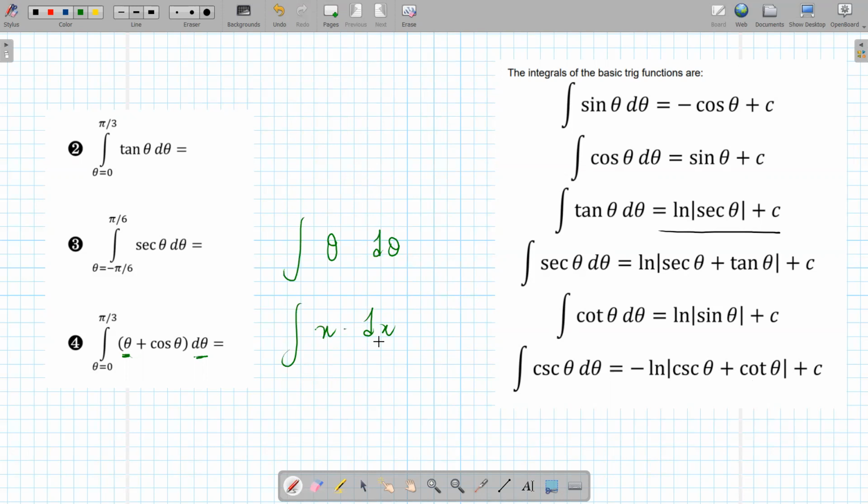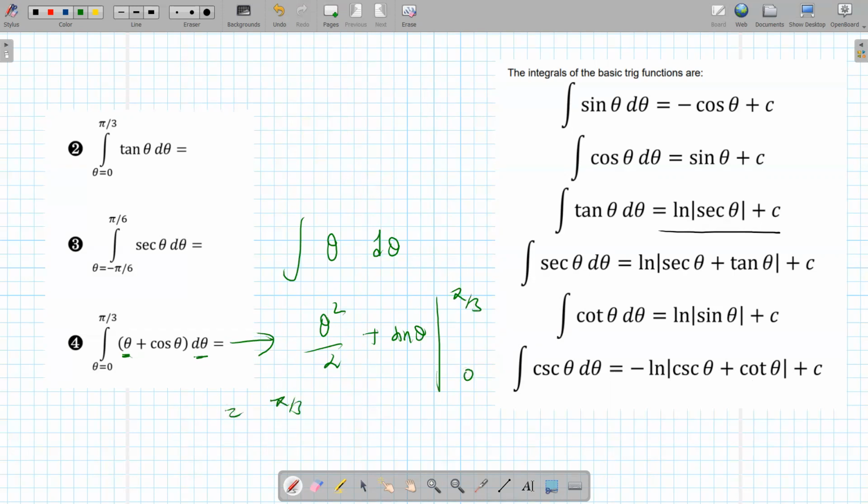You're going to have to use the power rule. X squared over 2. So this becomes theta squared over 2 plus the integral of cosine, which is sine theta, like that. This is the integral. And then you have pi over 3, you have 0.